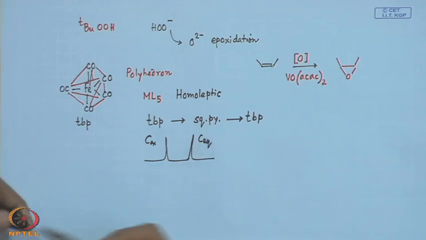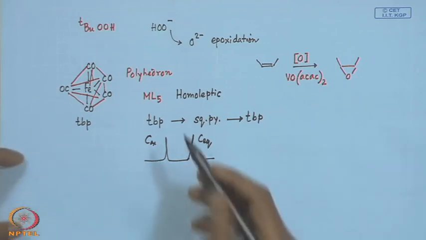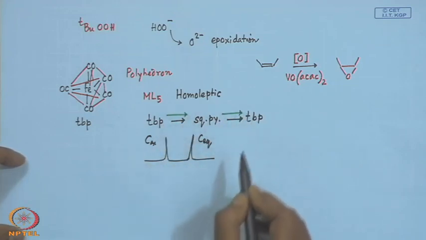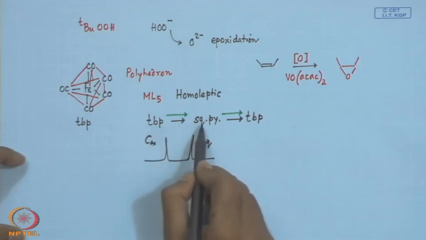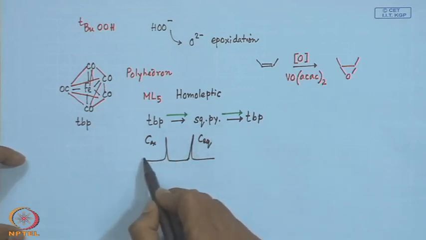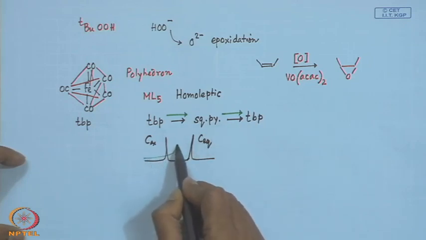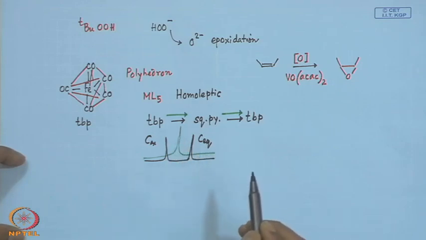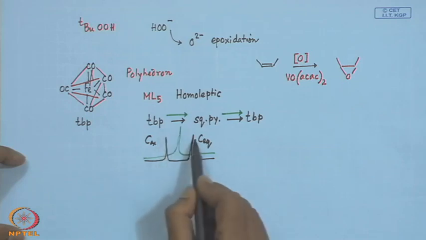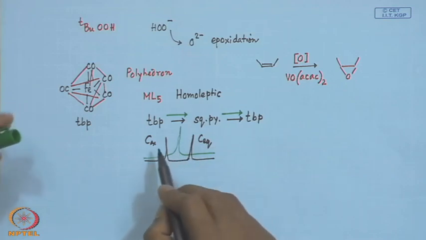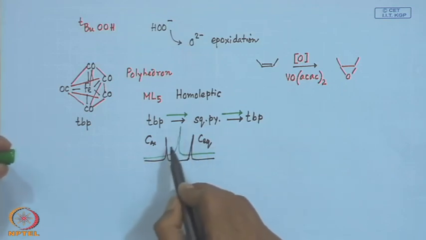If we go for temperature dependence, that means if we increase the temperature, we have very fast interconversion between these two geometries, TBP to square pyramidal and square pyramidal to TBP, and we end up with an average signal which merges these two signals into one. So that is the basic idea of how we can differentiate these two types of groups.